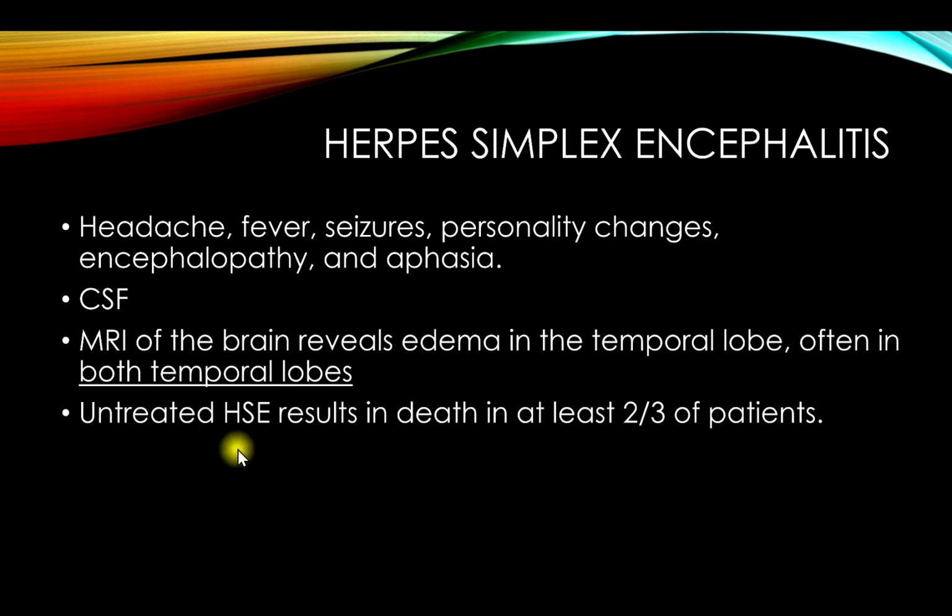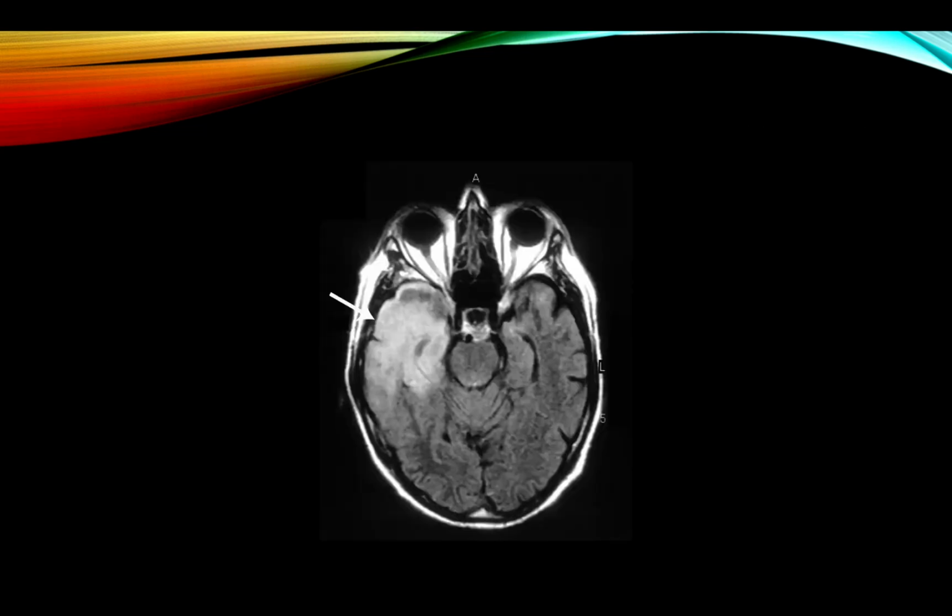And the reason this one is so important to know about is that we have an antibiotic treatment for herpes simplex encephalitis, and you want to give it as soon as possible. And so if we're suspecting herpes simplex encephalitis, we're just going to treat the patient while we wait for the lab tests and things to come back to confirm whether the patient does have it or not. And if they don't, fine, we can stop the antibiotic treatment. There's no harm done by that.